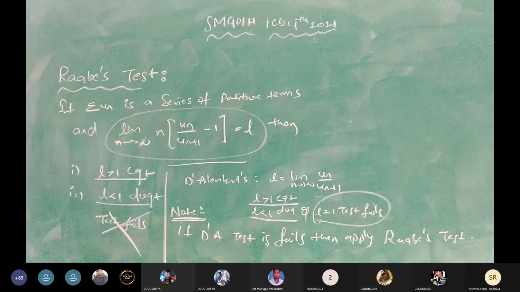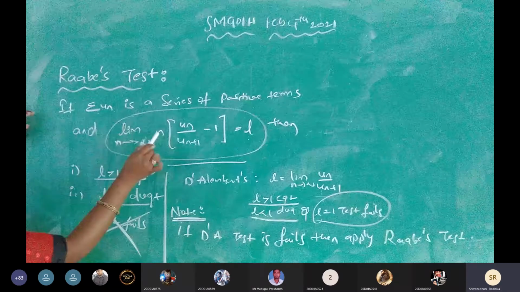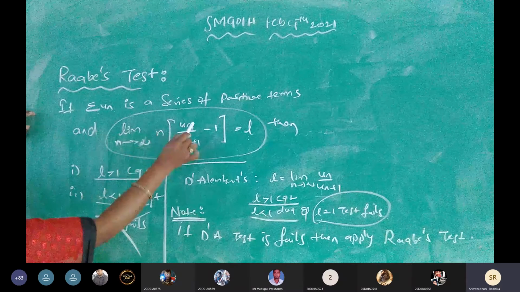Once again explain, ma'am. Summation un is a series of positive terms, and in this we are going to find the L value. What is the L value? Limit n tends to infinity, n into un by un plus 1 minus 1.